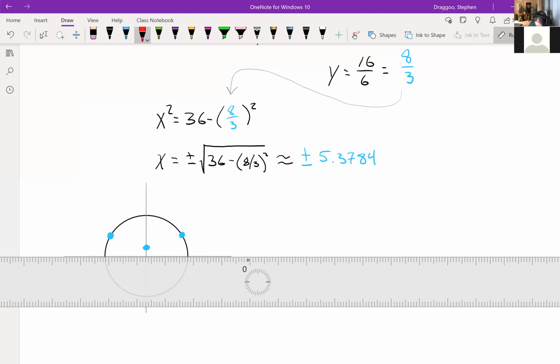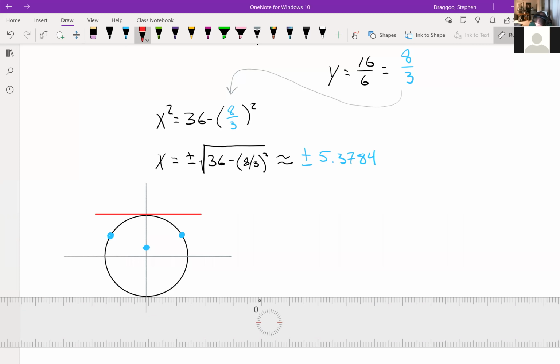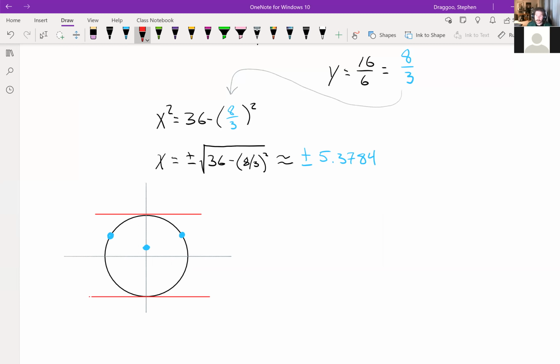We also have maximums and minimums for y. Since I got a function in terms of y, y has a maximum value of 6 and a minimum value of -6.